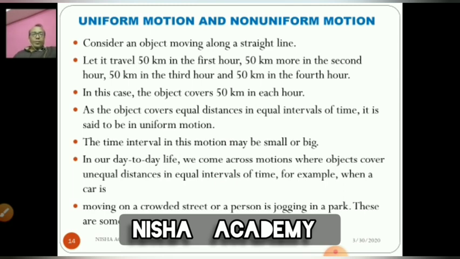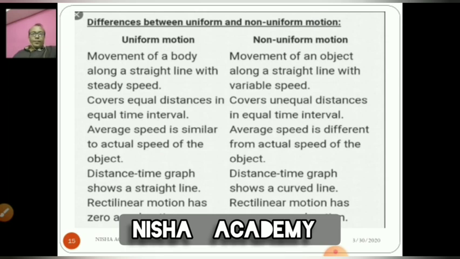Let us see the difference between uniform motion and non-uniform motion. Uniform motion is the movement of a body along a straight line at a steady speed, but in non-uniform motion the object has variable speed.